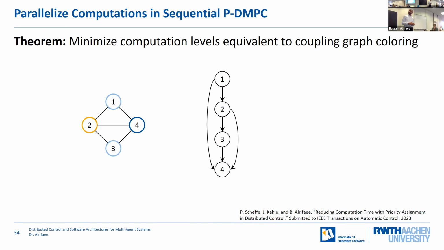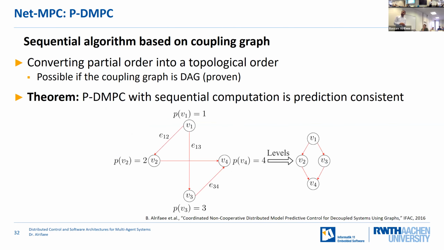Oh, yeah. And what can we do also? We can reduce the computation time further. Looking at the system, it's this. Maybe I go 2 slides back. So here I showed that we have a topological order.